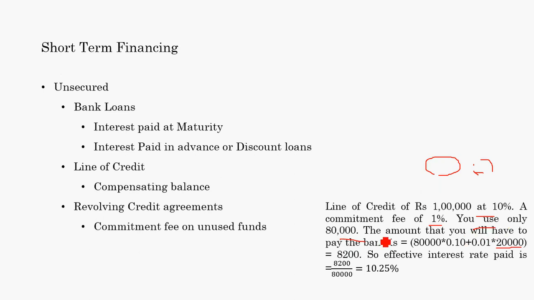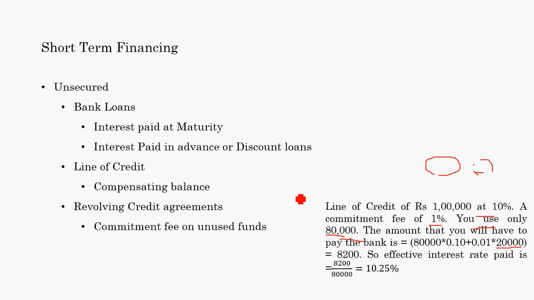So for example, if you have used only 80,000 rupees, you will pay an interest of 10% on this 80,000 rupees, which is 8,000, plus 1% on the extra 20,000 which you have not used. So totally you will be paying 8,200. So your net effective interest rate will be 8,200 divided by 80,000, which is 10.25 percent.